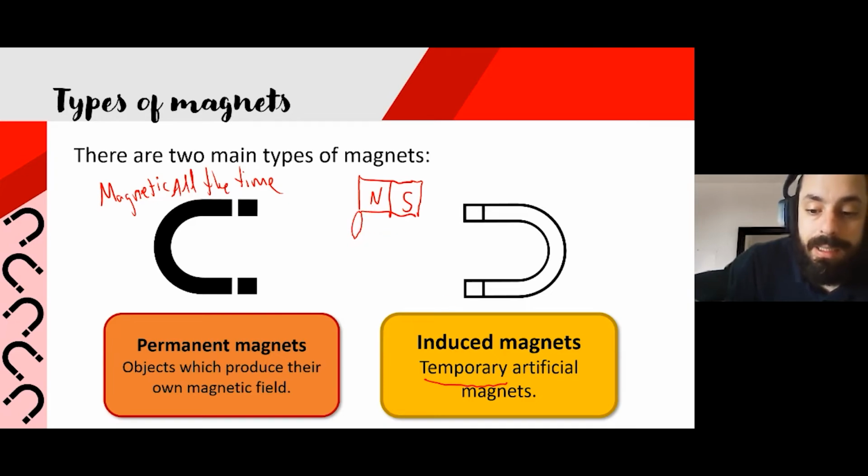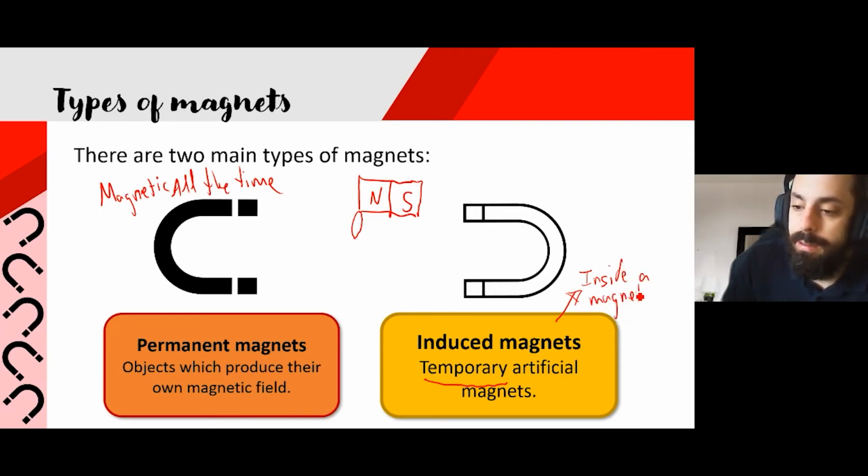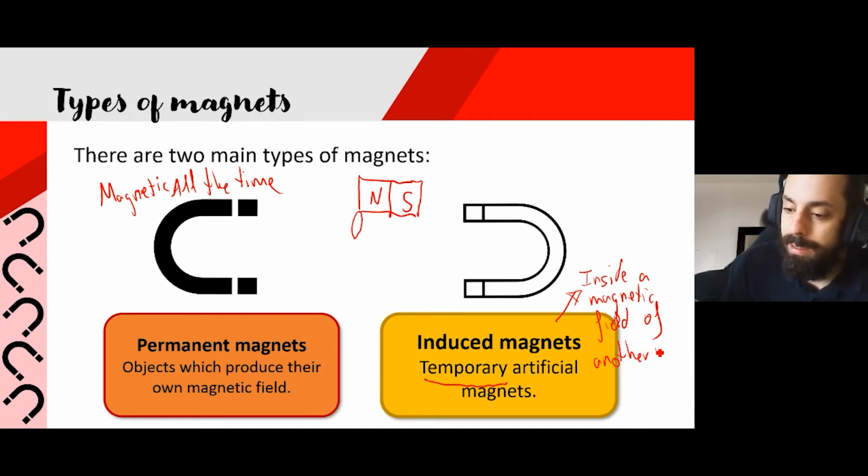That's because it's in the presence of a magnetic field of another magnet.